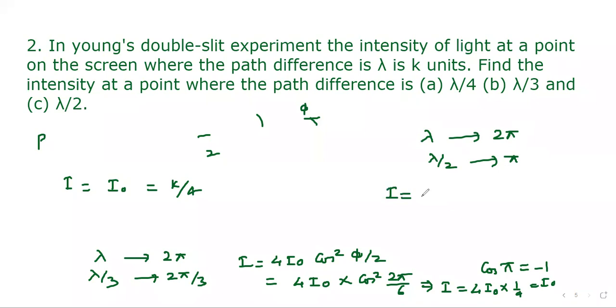Intensity I is equal to 4 I0 times cos square phi by 2. We put this value here, so 4 I0 times cos square pi by 2. And we know cos pi by 2 is 0. So intensity will be 0 this time. Thank you for watching.